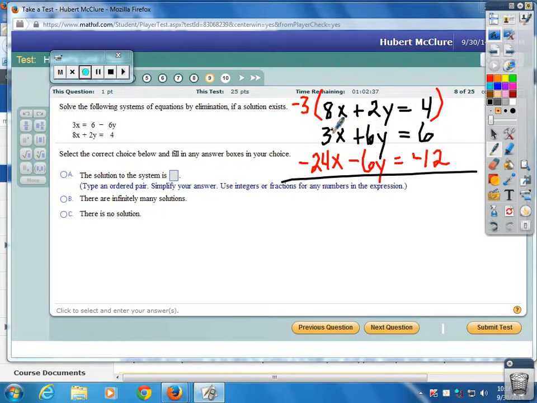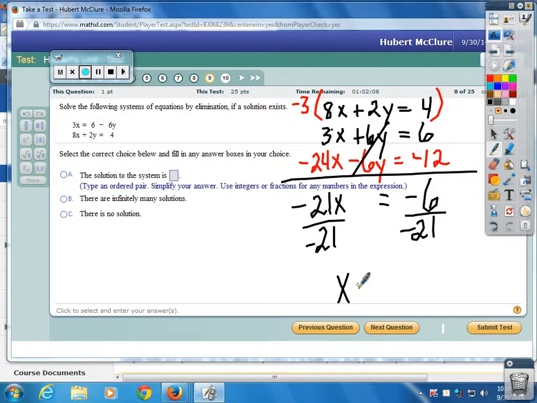What is 3 minus 24? Minus 21x. What is 6 minus 6? Goes out. And what is 6 minus 12? Divide by -21. Divide by -21.